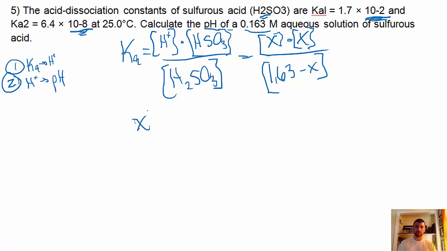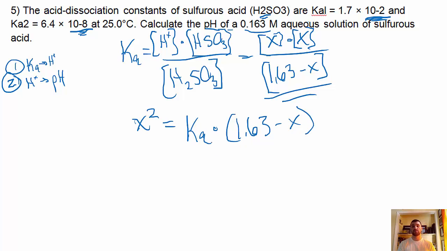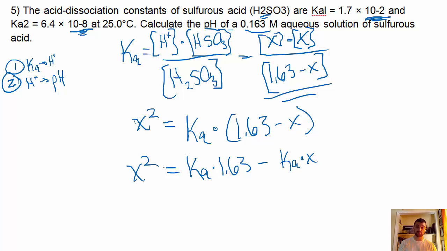I get X squared equals, well, I got to get rid of this denominator, so I multiply both sides by that, Ka times (1.63 minus X). Let me distribute that Ka. I get Ka times 1.63 minus Ka times X. That equals X squared. So now let me get everything on the same side.